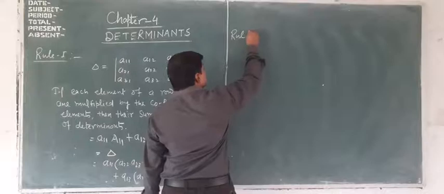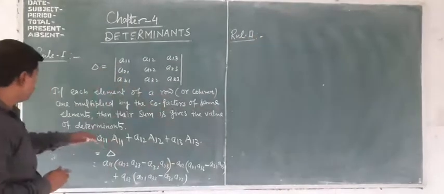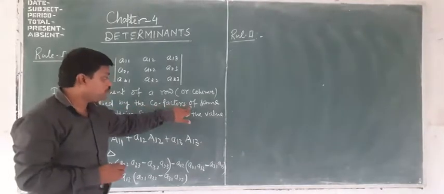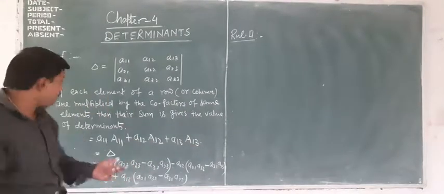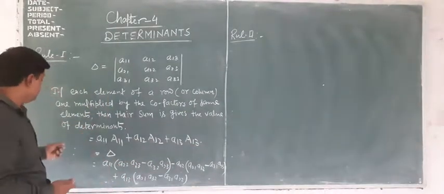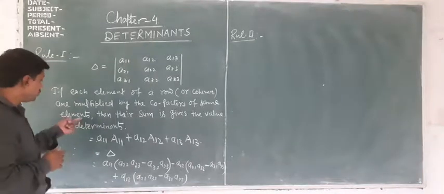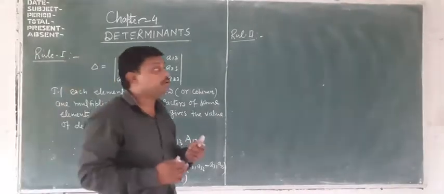What is our rule 2? If each element of a row or column is multiplied by the cofactors of any other row, not the same row, any other row or column, cofactors of the elements of any other row or column, then their sum must be equal to 0.